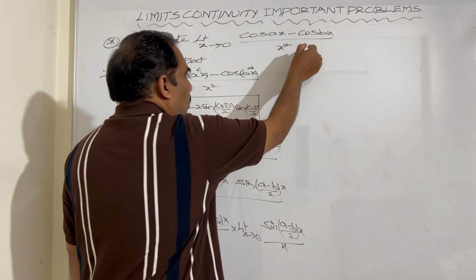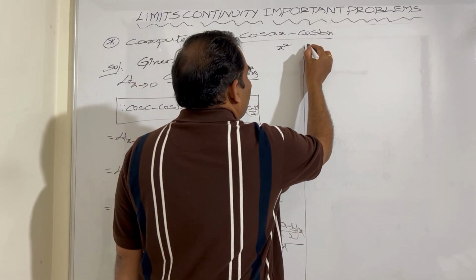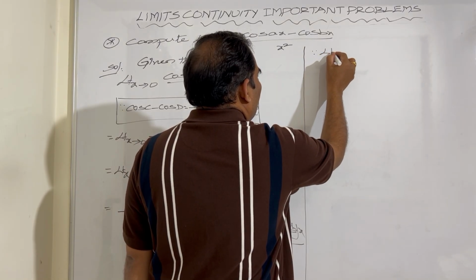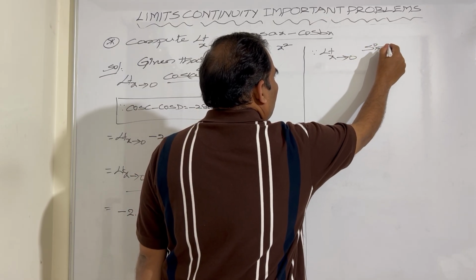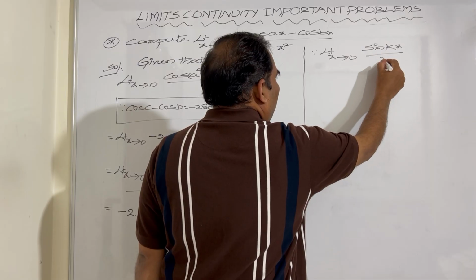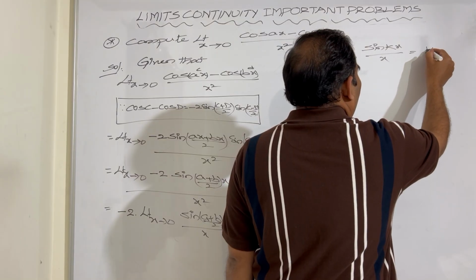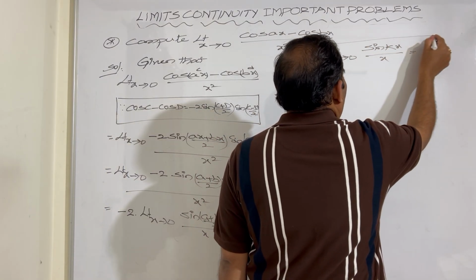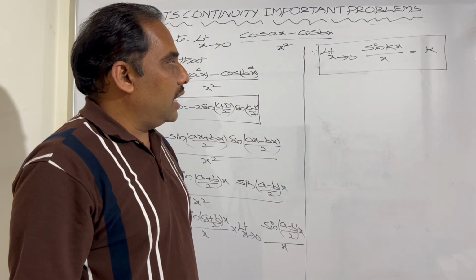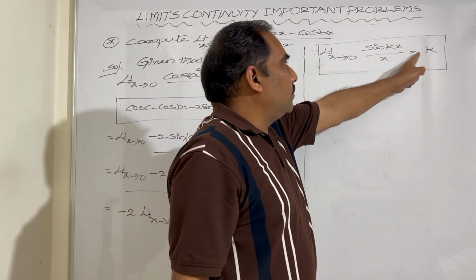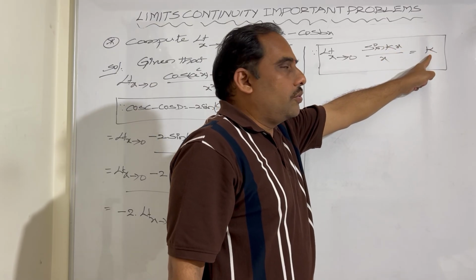Observe here, we have one of the standard forms of limits. The limit as x tends to 0 of sine kx by x is equal to k.